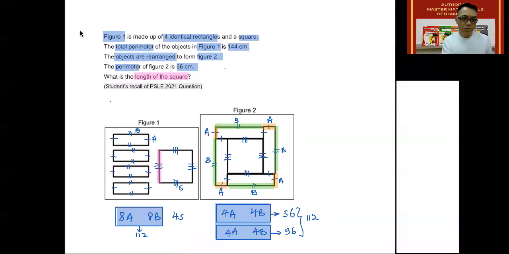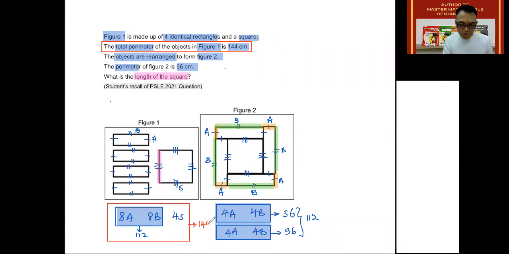The final clue given in the question is that the total perimeter of the objects in figure 1 is 144. That means that this entire thing is 144.